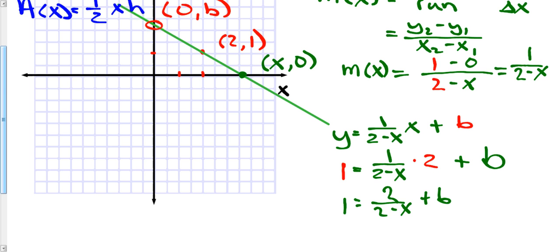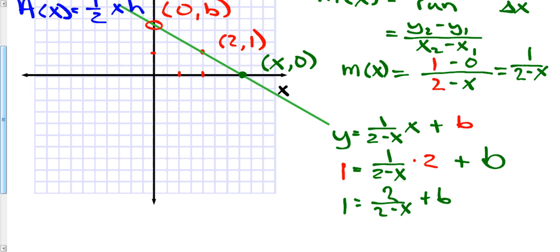How do I get b by itself? What's that, Will? Multiply 1 by the reciprocal of 1. So you want to multiply this by 2 minus x over 2.